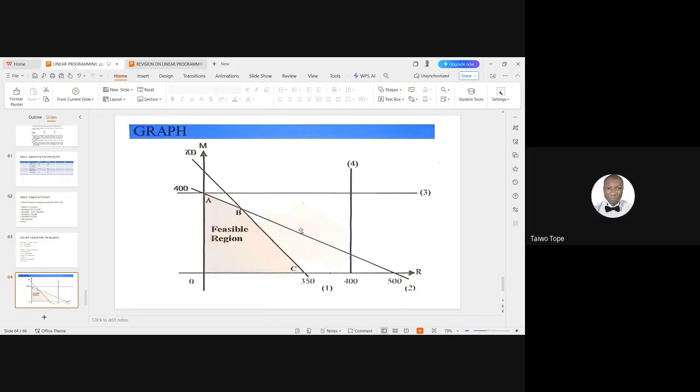I don't want it to be a point of concern again. I want it to be something you can easily match and cross. Yes, so this is it, sir. The point of intersection. You just go straight to your graph. Trace the two equations that make up this point of intersection.